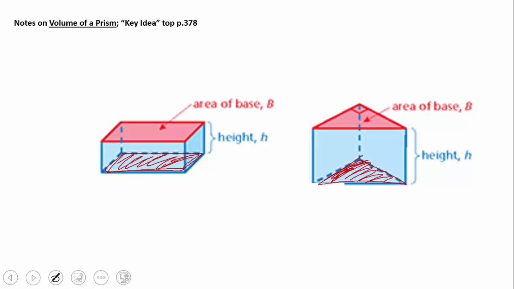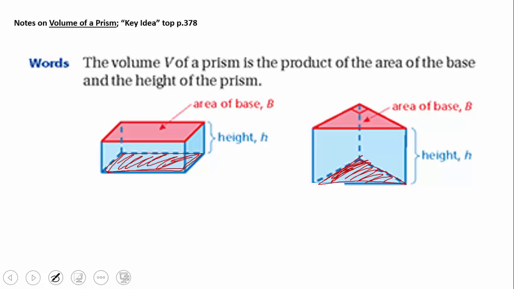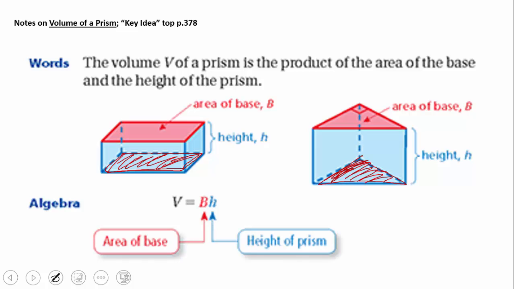And the deal with this is we still deal with area of the base and we still deal with height. However, to find the volume, we are simply finding the area of the base and multiplying it by the height of the prism. So in other words, the formula looks something like this.